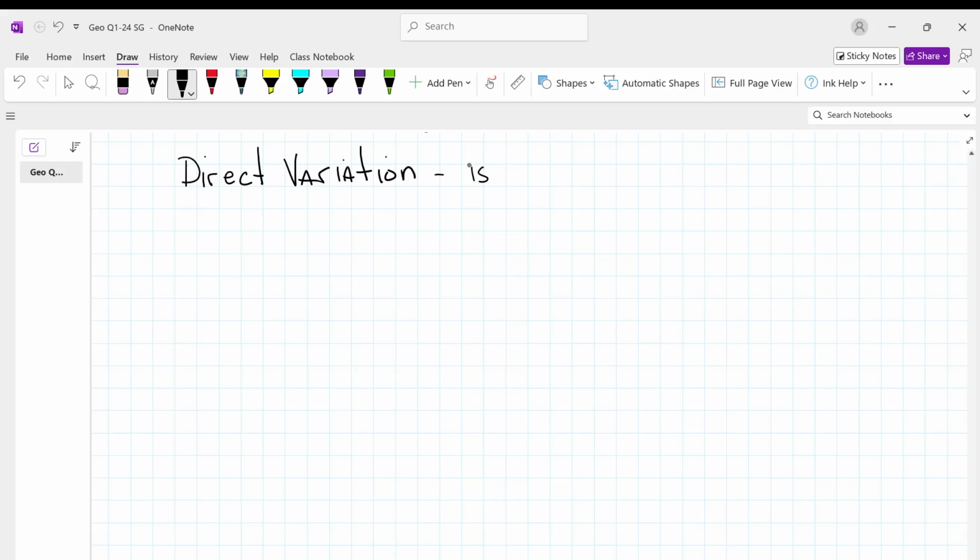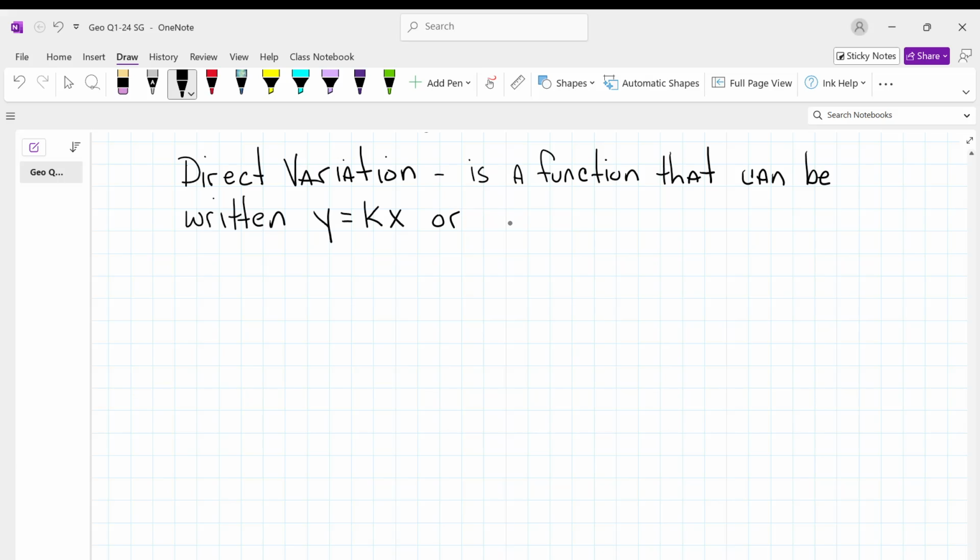Direct variation is a function that can be written y is equal to k times x, or y divided by x is equal to k, where k is a constant. Constant meaning it doesn't change. Okay?